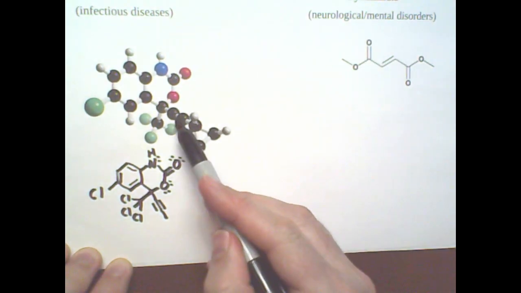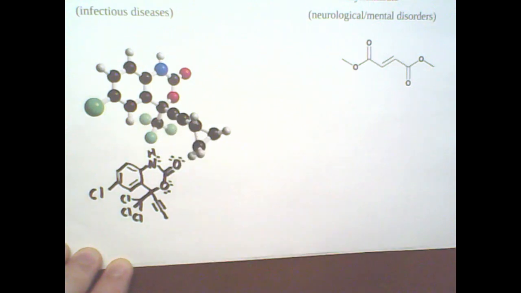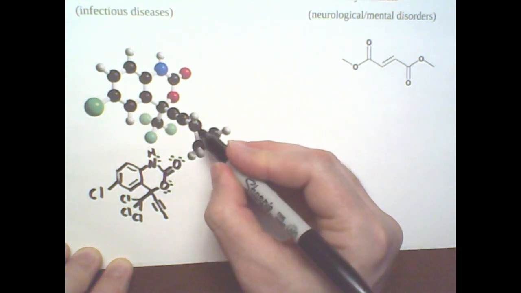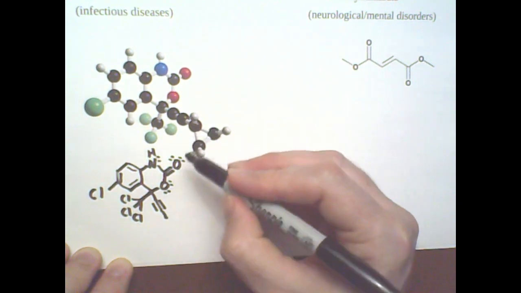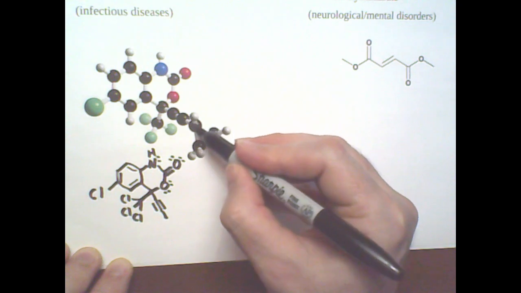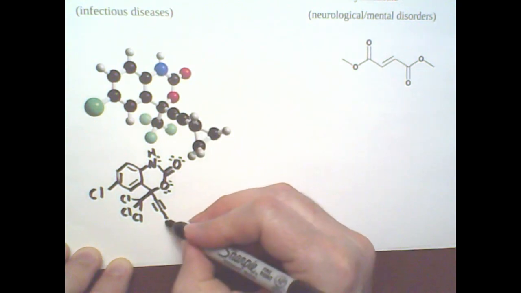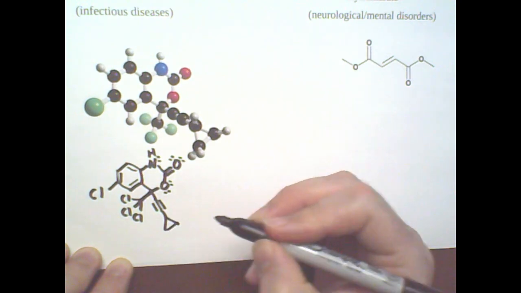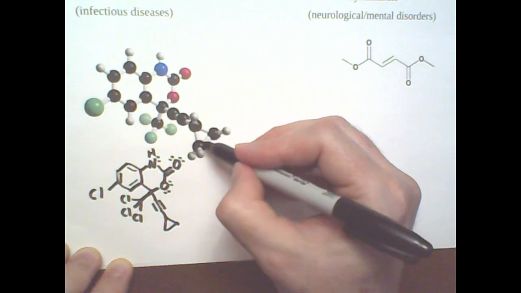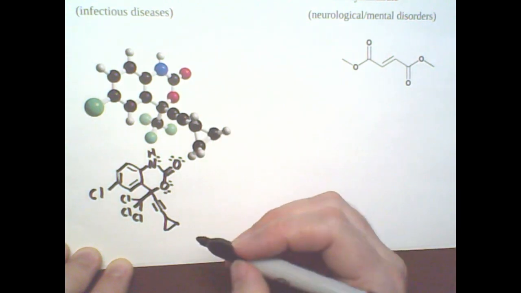It's also very short there, shorter than the single bonds. Okay, and then this carbon here, 1 bond towards the alkyne, 1 to hydrogen, and 2 into this cyclopropyl ring.